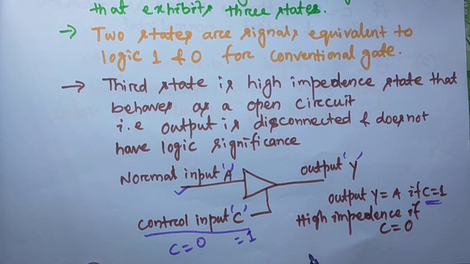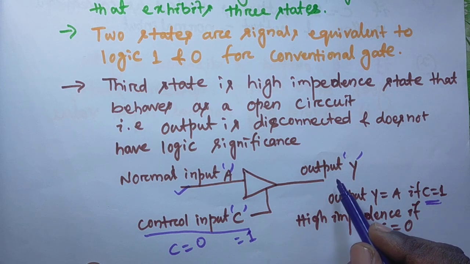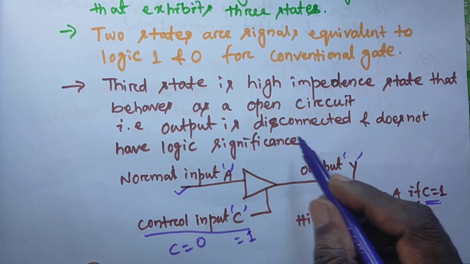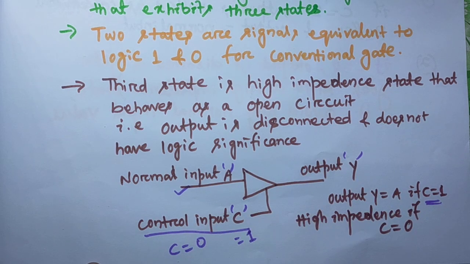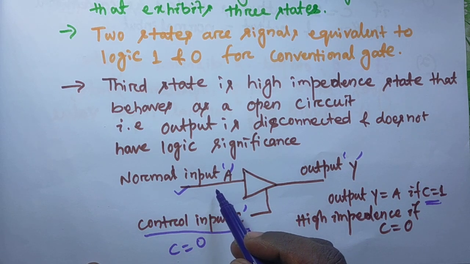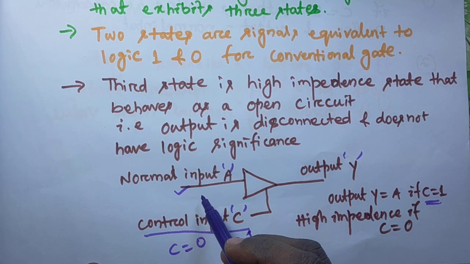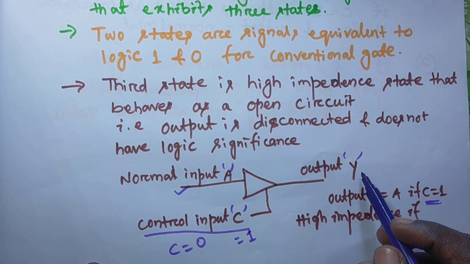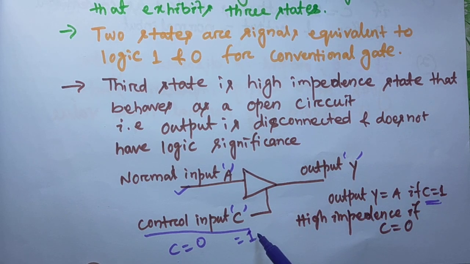Once again, this is one state, this is another state, this is the second state, and this is another state, the third state. So these three states make this buffer a three-state buffer, where the first input data, or first state, with any input provided to the circuit, we can get output y if C is equal to 1.